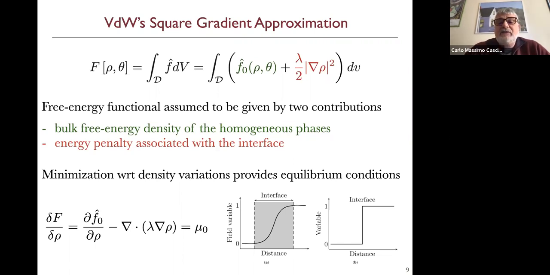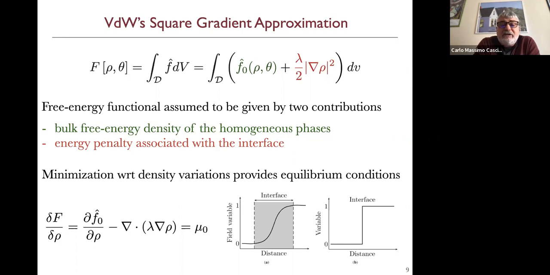And then to that we add a term which is quadratic in the density gradients. It is there to penalize the formation of the interface between the liquid and the vapor. So this is the celebrated van der Waals square gradient approximation for the free energy functional of a multi-phase system.